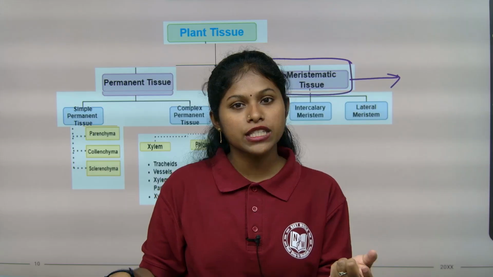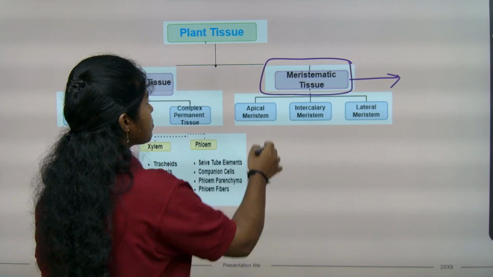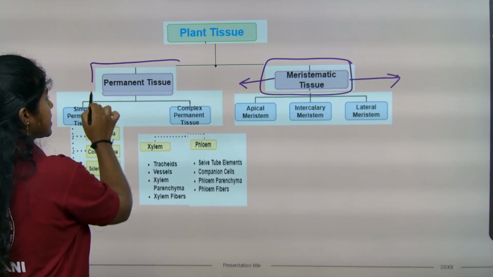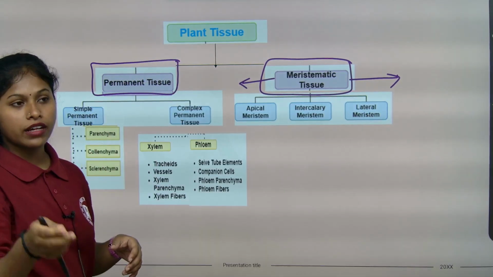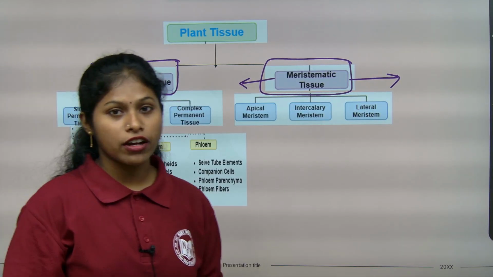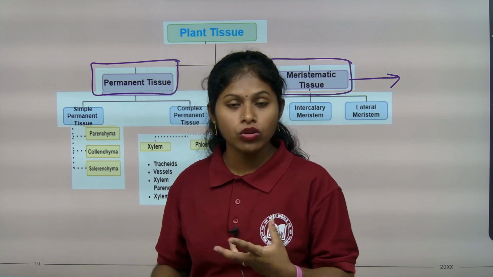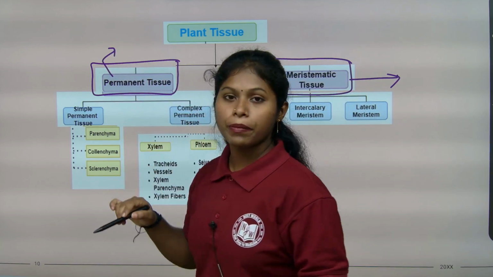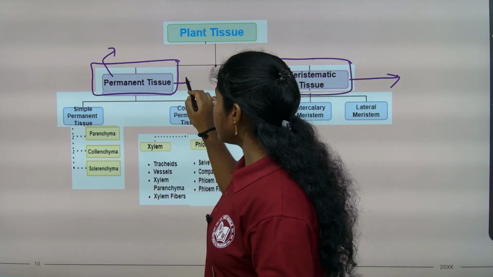He is a specialized one. Like that, when these meristematic cells lose the ability to divide, children, they become specialized. They attain a specific role, shape, size and function. That is the permanent tissue.